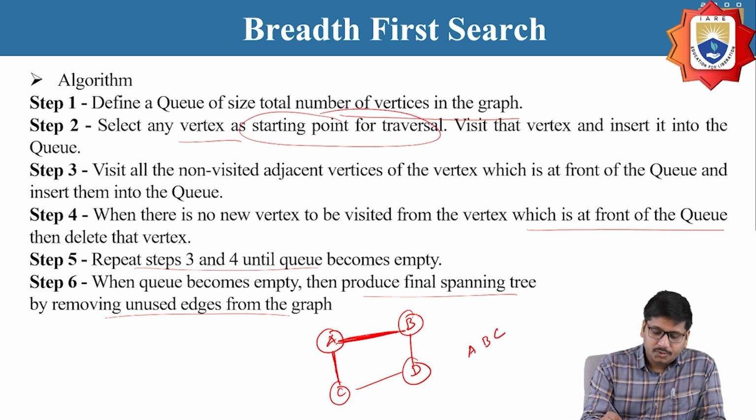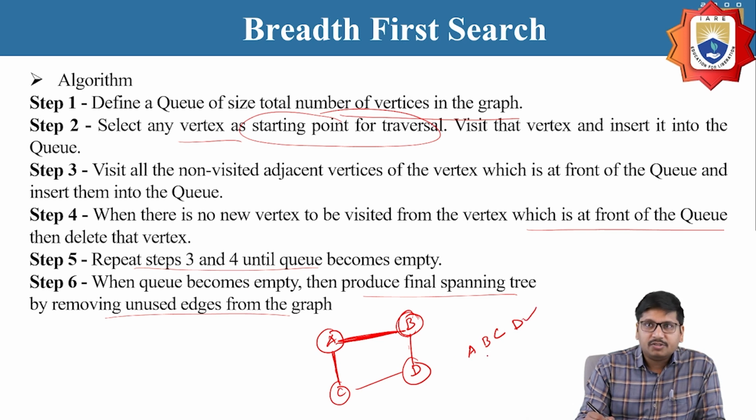B, C. For B, what are the adjacent vertices? A is already visited, so D is there. And for C, what are the adjacent vertices? D, so nothing, already visited. So this should be the BFS order.